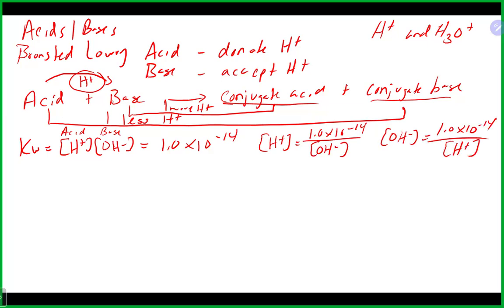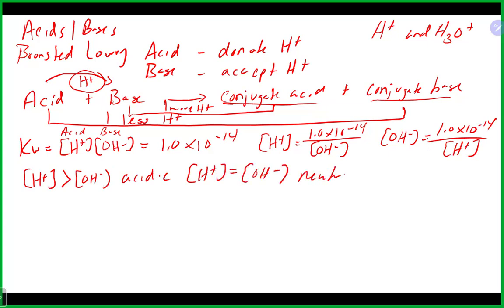This is one way you can determine if a solution is acidic, basic, or neutral, by comparing the H+ concentration to the OH- concentration in the solution. If the H+ concentration is larger than the OH-, then it will be acidic. If the H+ concentration equals the OH- concentration, it will be neutral.